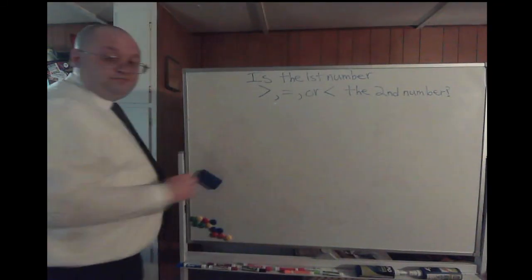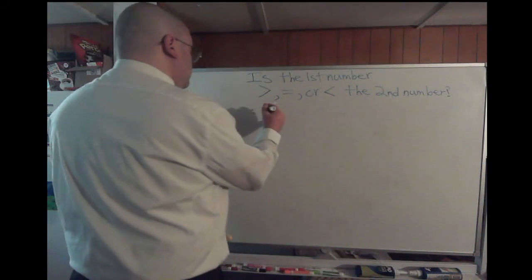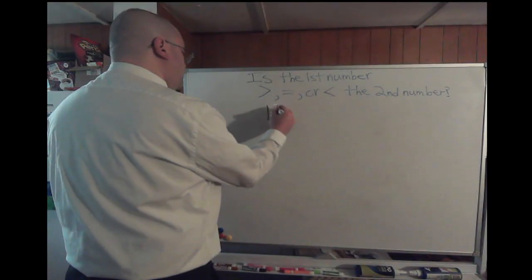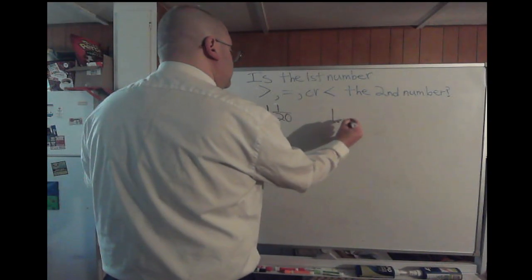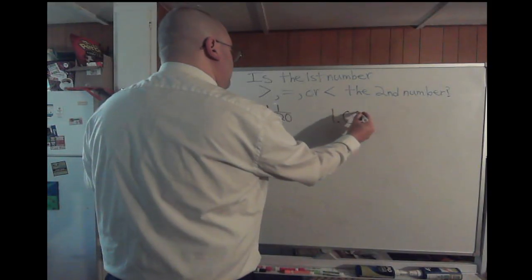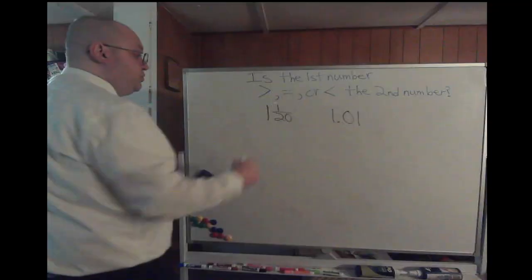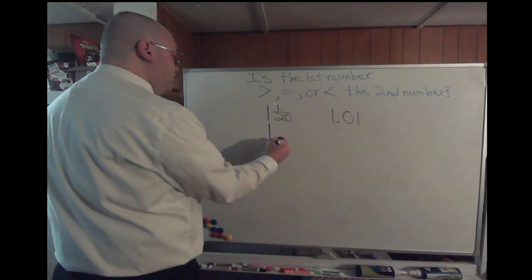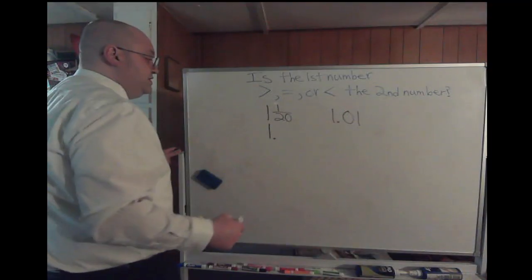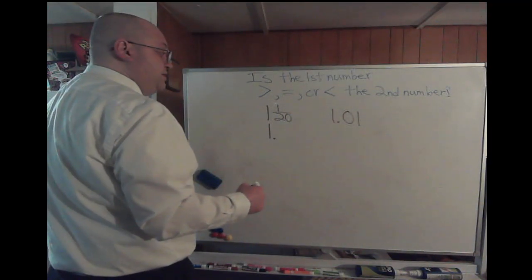Three more. So we have 1 1/20, and then we have 1.01. Of course, convert your 1 1/20 into a decimal. You'll have 1 point, and then what is 1/20?